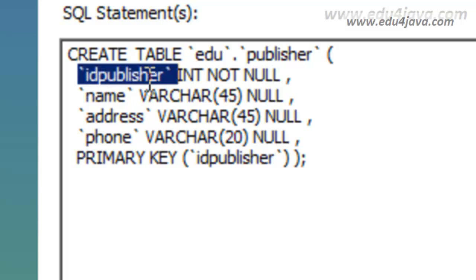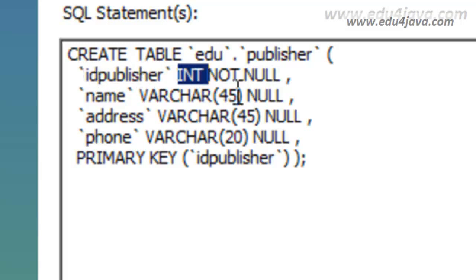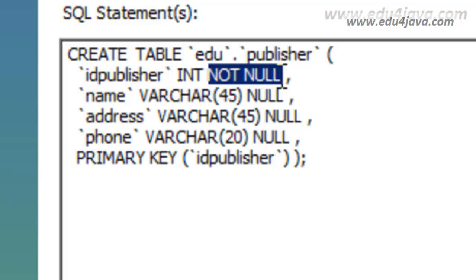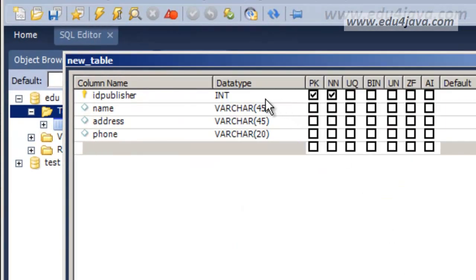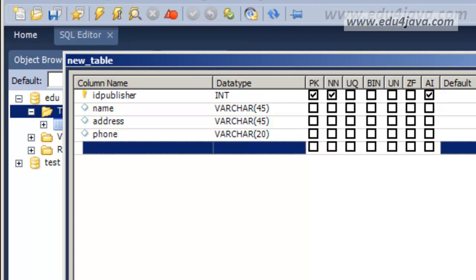Here it says that it's going to create a field ID publisher with an int type, and it's going to be not null. It can't be null. Wait a minute, let's cancel for a moment. Here I have another option. If I put in AI a check, I'm going to check it and say yes.